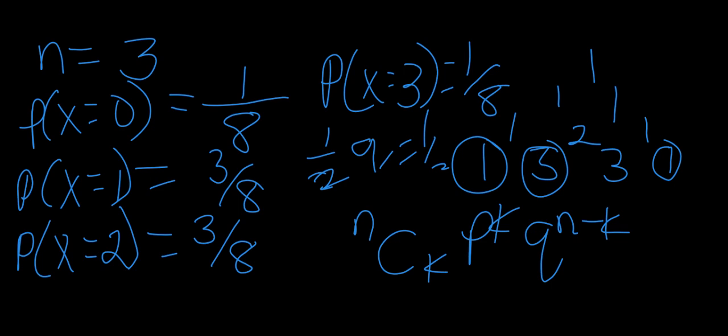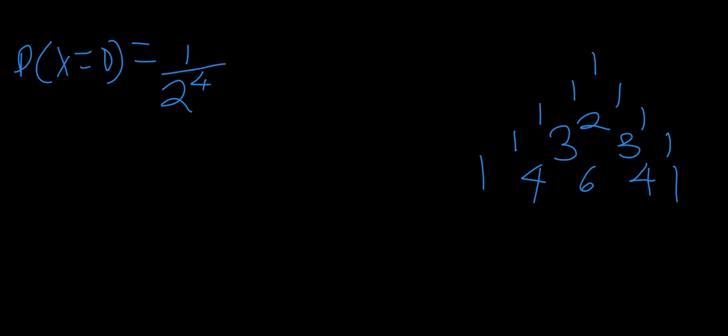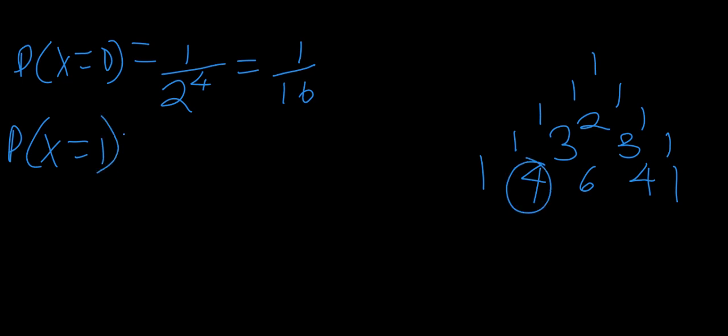So let's quickly try this for 4 trials. Let's write down our Pascal triangle, and we have 1 4 6 4 1. So the probability of getting 0 heads is just 1 over 2 to the power of 4, it's 1 over 16. The next value here is 4.